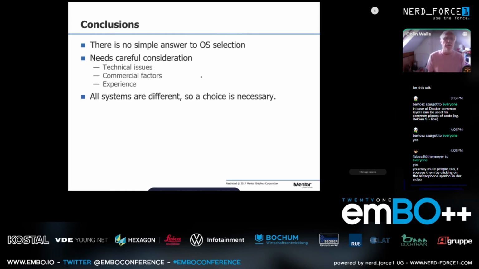And no one of these can override the others. So if you make your technical decision and you arrive at a particular product and that company has a terrible reputation, then you're probably not making a good decision. But equally, even if the company's great, if their product isn't technically what you need, that would be a bad decision. You need to balance all these factors. Every system is different, so that's why a choice is necessary.